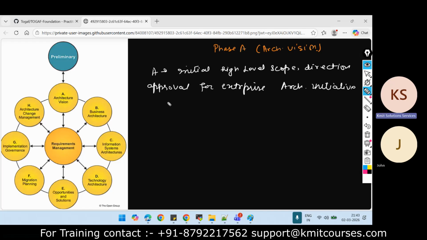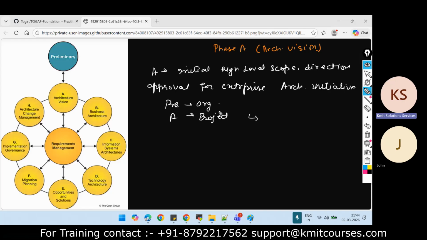In the preliminary phase, we are talking about the organization level. In phase A, we are talking about the project level. We are creating a very high level scope, what we are going to do.